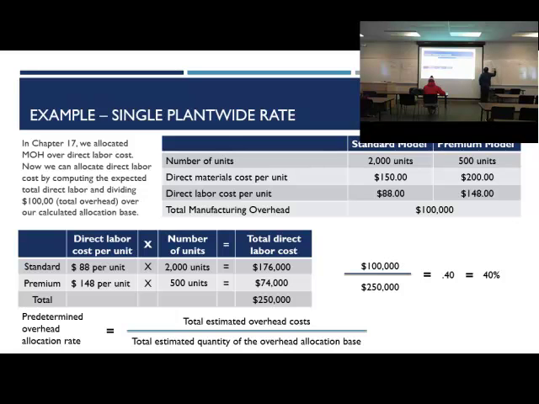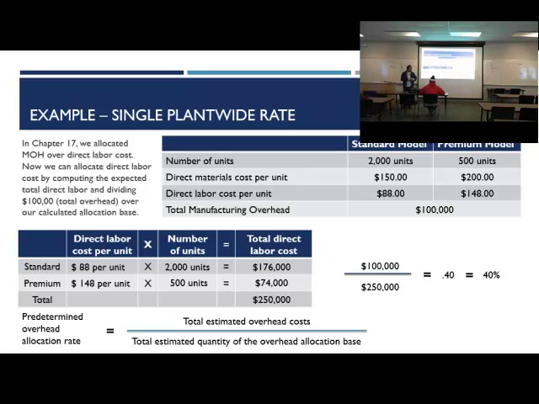Add it up, and that gets us total cost. Okay, so each premium model is going to cost us $407.20.